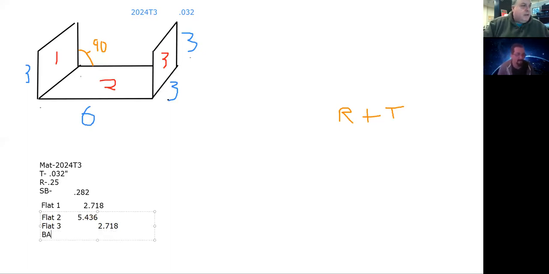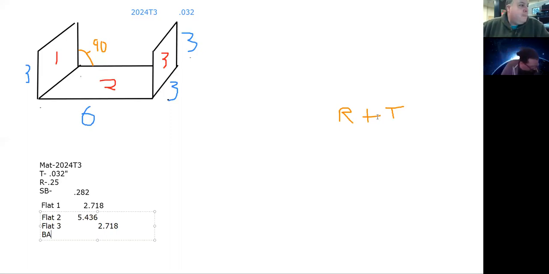Now we get to figure out our bend allowance. Our bend allowance is a real complex mathematical formula if we want it to be. However, in our textbook, FAA 8083, on page 4-66, they give us a handy chart for figuring out bend allowance.